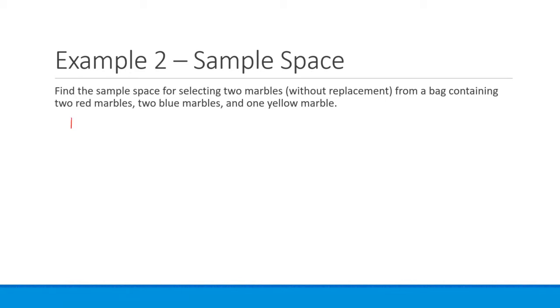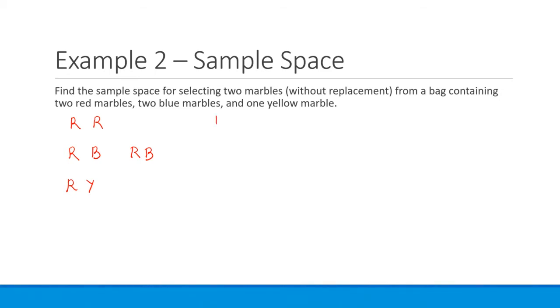Let's say I pick a red marble. Then I could have another red marble because there's 2 of them, or a blue marble, or a yellow marble. Since there's 2 blue marbles, I could have the second blue marble, but those are considered the same. It's just a red and a blue marble. There's no difference between the 2 different blue marbles.